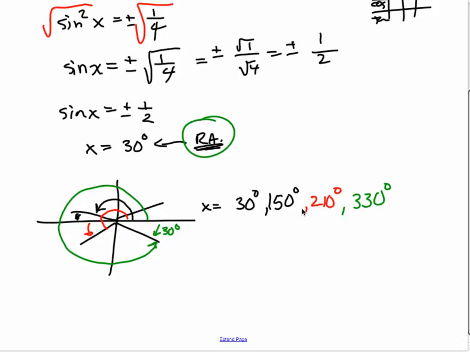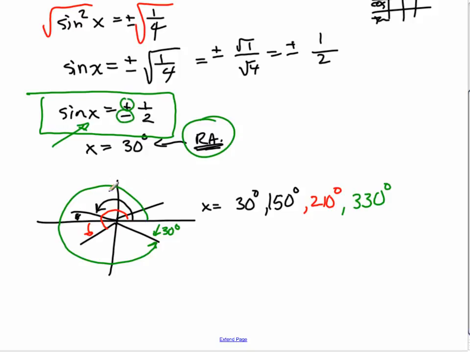Now at this point I need to check to see if I can eliminate any of these. So I check back to this spot right here, just before I figured x is 30 degrees. And here it says the sine ratio is a positive or a negative.